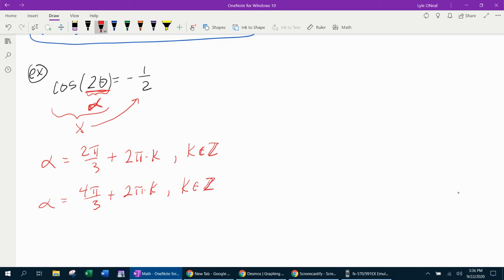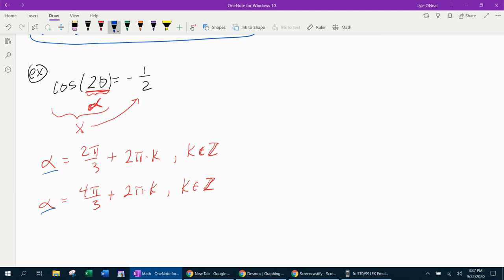Does that make sense? The reason it's 2 pi is because it would take a full circle to get back to those angles. They're periodic solutions, okay? Now these are the solutions based on alpha. I now need to substitute and actually find the solutions based on theta.